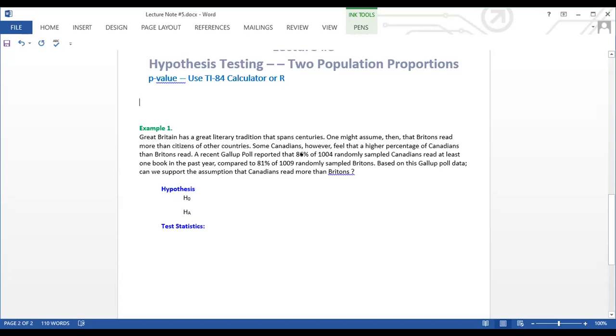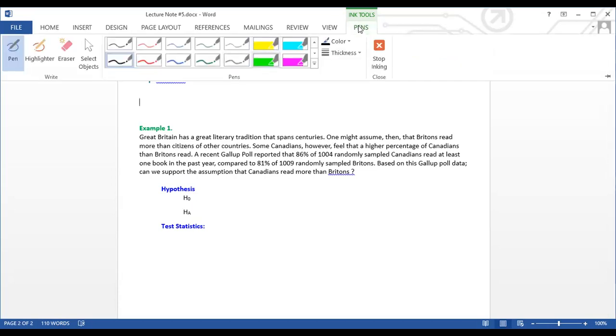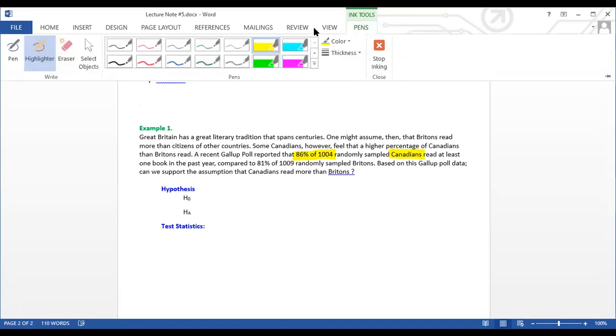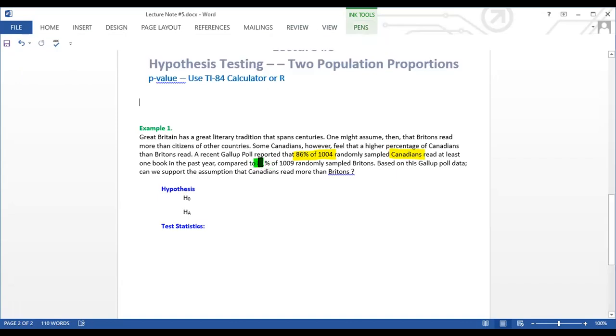We have 86% of 104 randomly selected Canadians who read at least one book, and 81% out of 109 Britons. Based on this, can we conclude that Canadians read more?